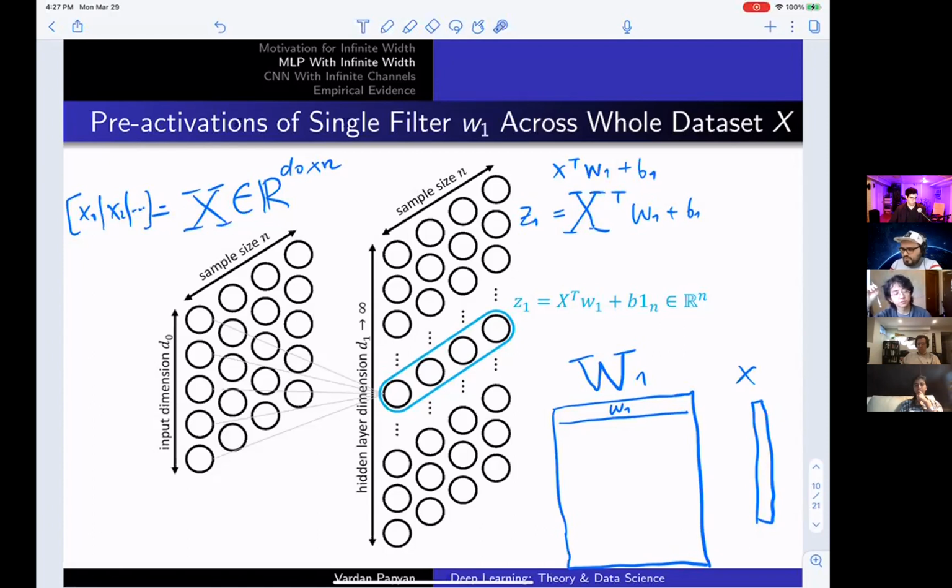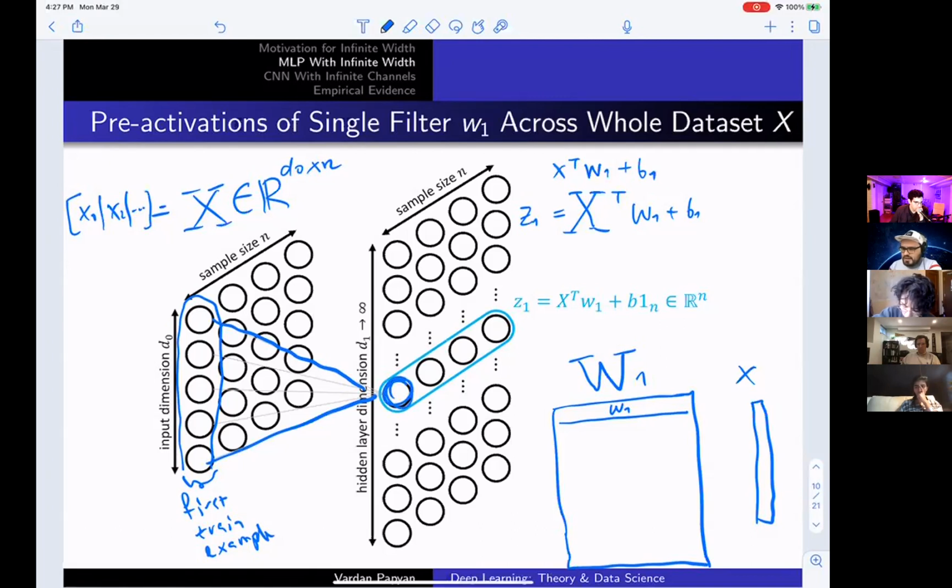Then this can be thought of as taking this, the first signal here. This is the first training example, let's say X1. And so you multiply this by the weight matrix, and that gives you this circle right here, right?